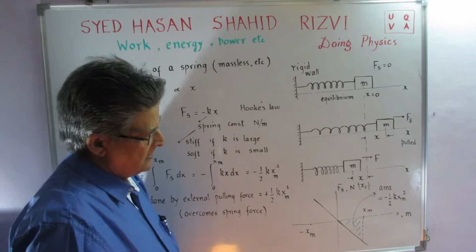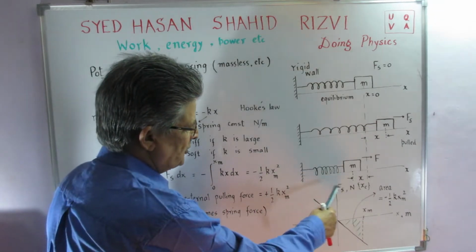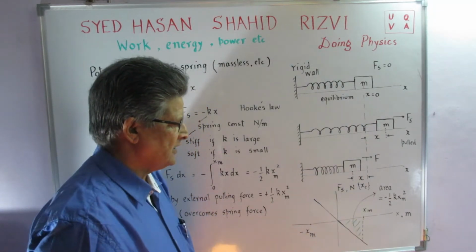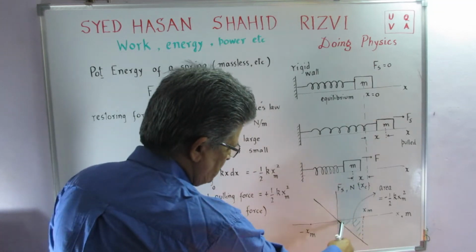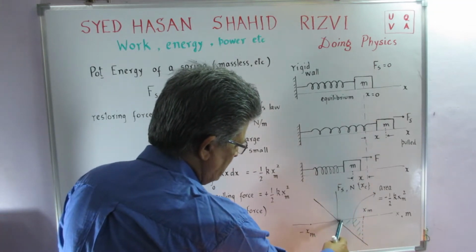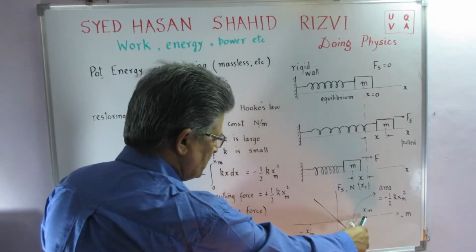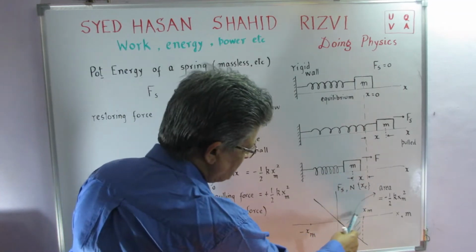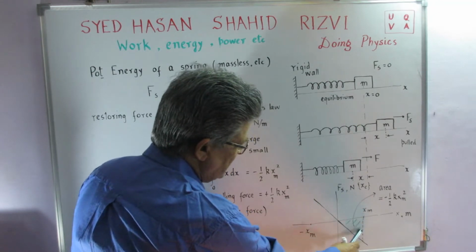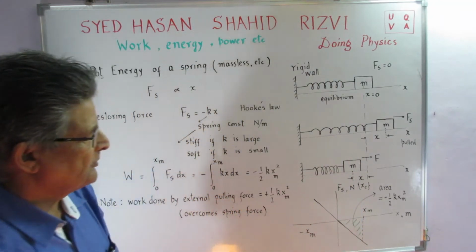And because force into displacement is the work done, I am just showing what is the amount of work done in the displacement that takes place from this position to this position, which has been shown over here in the form of the area.